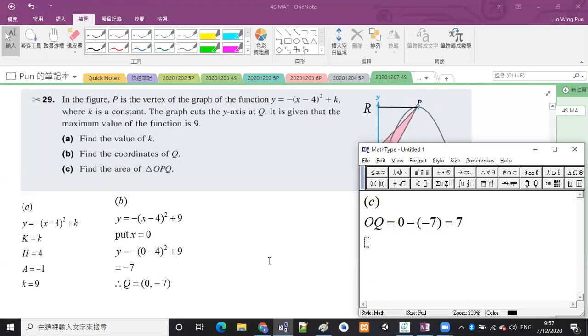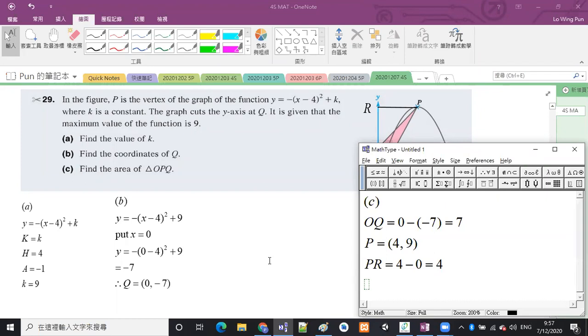Okay, and then the length of PR will be just the x coordinate of the point P, right? And point P is the vertex of the graph of the function. Therefore, the coordinates of point P will be the h value and the k value, 4 and 9. And then PR will be equal to 4 minus 0, or just 4 is okay.